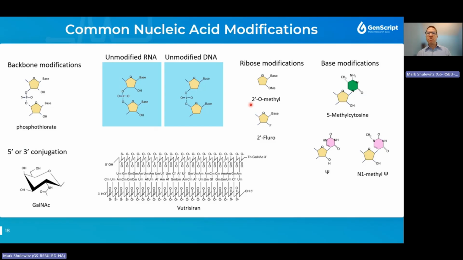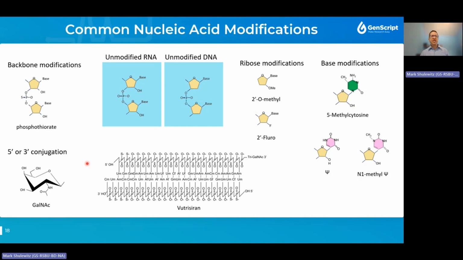This shows two of the common ones, 2'-O-methyl or 2'-fluoro. And then finally, the bases themselves can be modified. So in this case, cytosine could be replaced with 5-methylcytosine, or uridine could be replaced with pseudouridine. And in both cases, these modified bases still retain function of the natural bases, but are less susceptible to degradation.